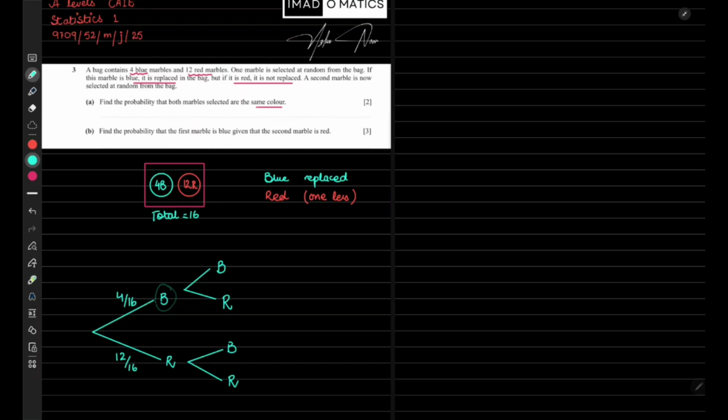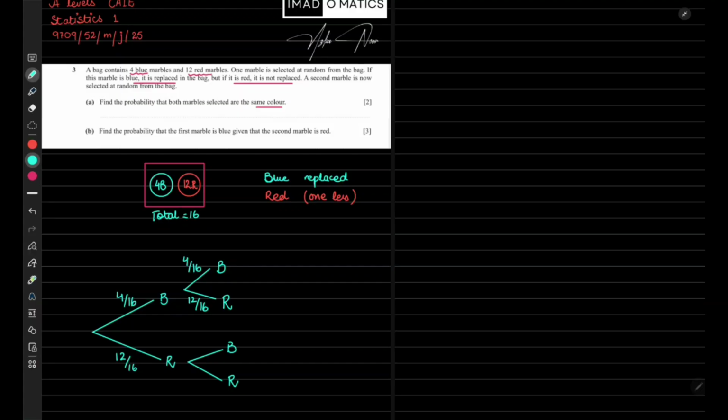If we have taken a blue marble first, then the blue marble is replaced, so the total and the number of blue marbles stay the same. So if we take another blue marble, the probability is the same, 4 out of 16. And if we take a red the second time, that is also the same, 12 out of 16.